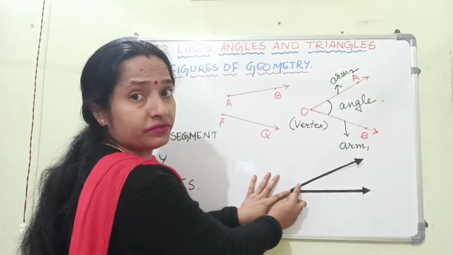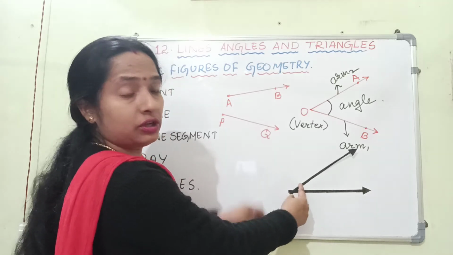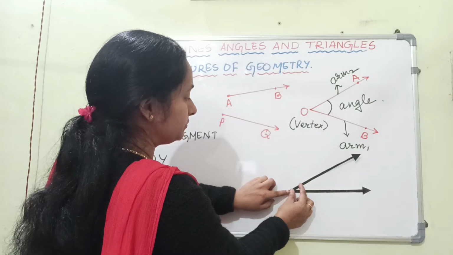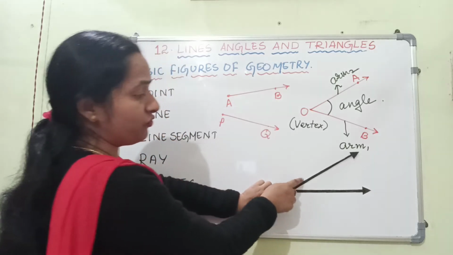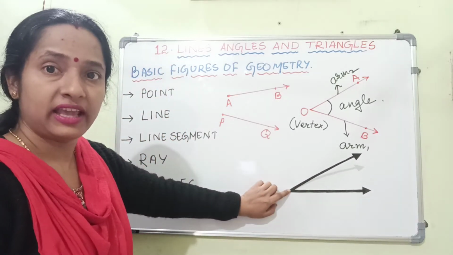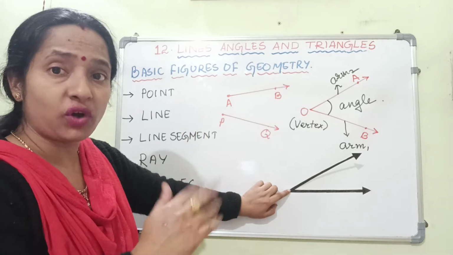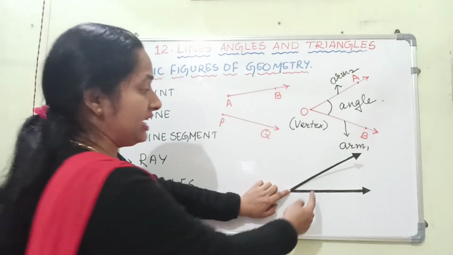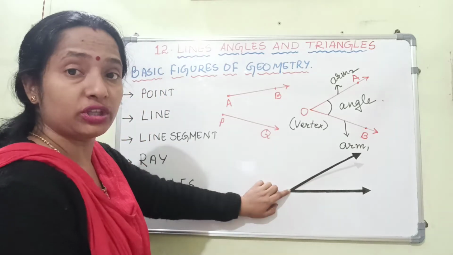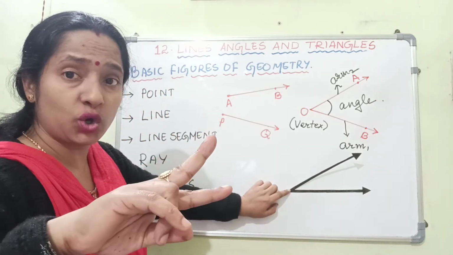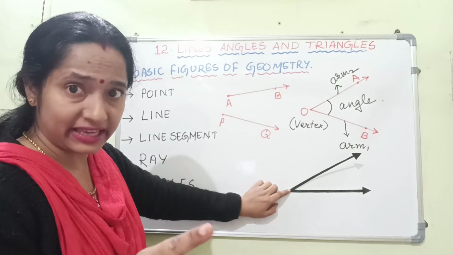Now children, just have a look. What is formed? When one ray is fixed and the other ray is moved, what is formed between these two rays? An angle is formed. So the space between these two rays is called the angle.